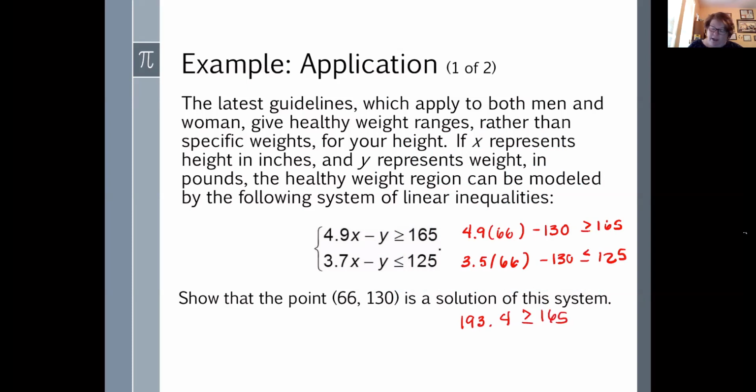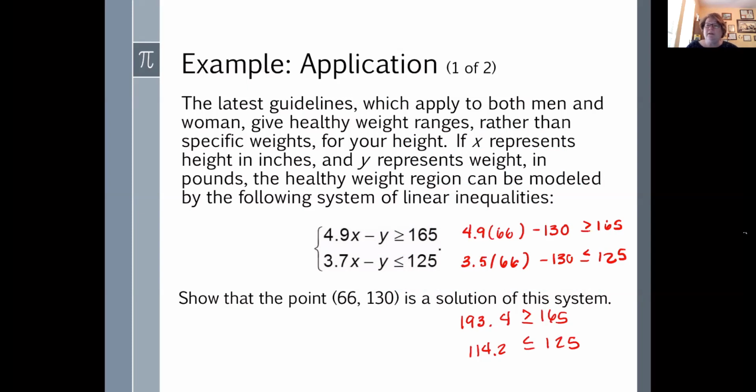And for the second one, you get 114.2, and that is less than 125. So someone who's 66 inches tall and weighs 130 pounds is within the recommended guidelines.